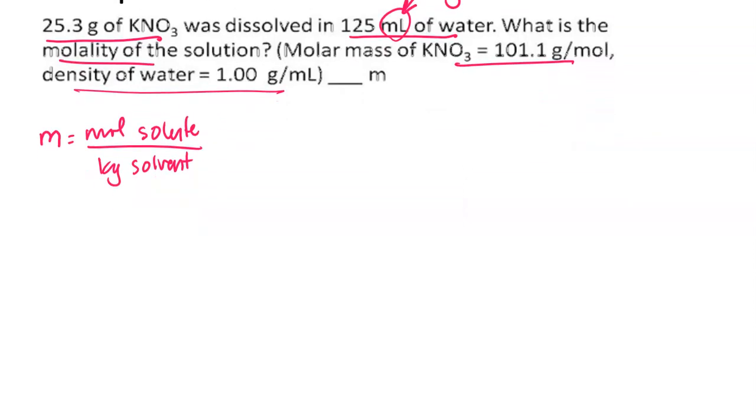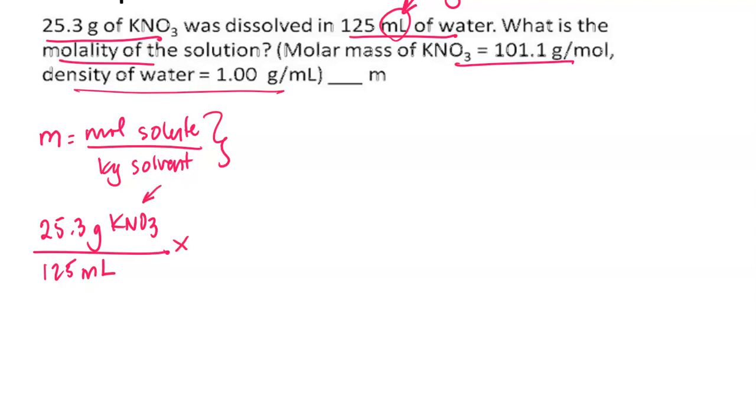And so I'm going to go ahead and start to situate things in a ratio that looks like this with the given information. So we know we have 25.3 grams of potassium nitrate. And I know I have to divide that by the quantity of solvent. And so basically that quantity of solvent was 125 milliliters.